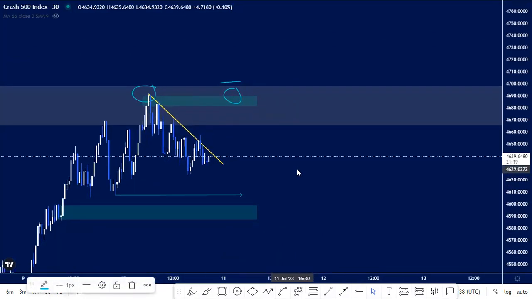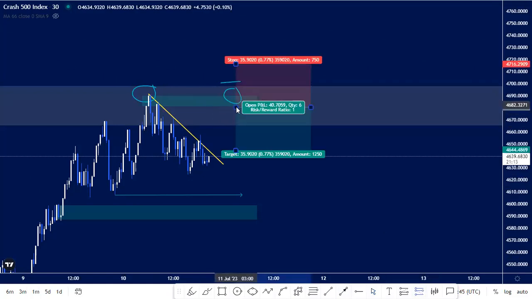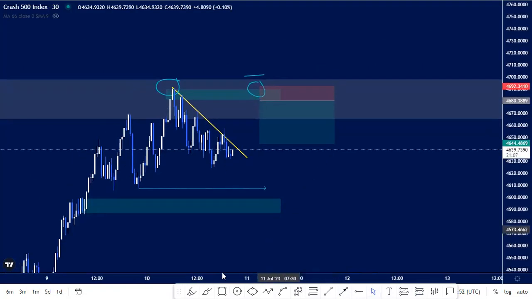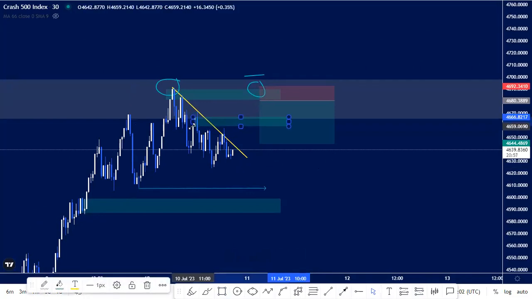So in that case, where is your first entry point that we are most probably looking at? We're looking at that one. This is an entry point that we're looking at. And also this one is also valid, a valid sell entry point.